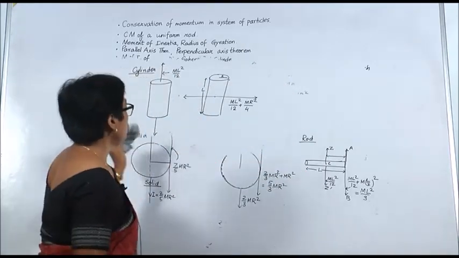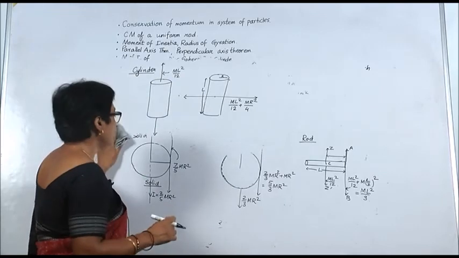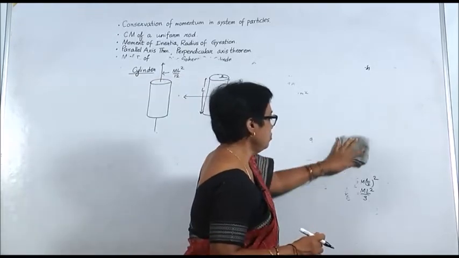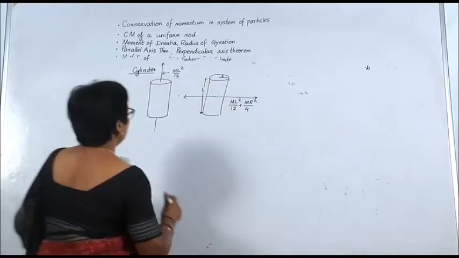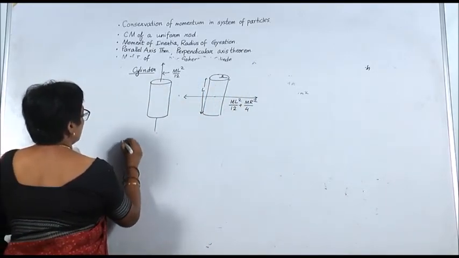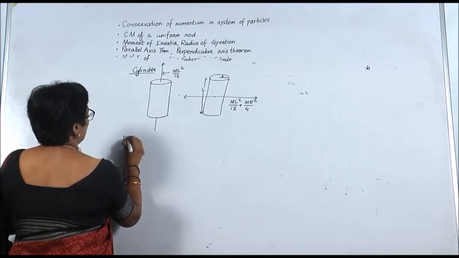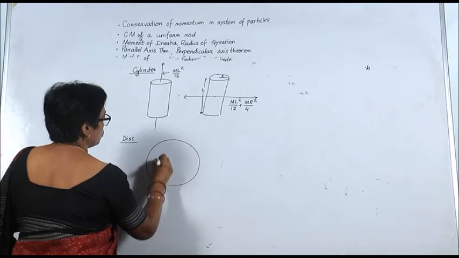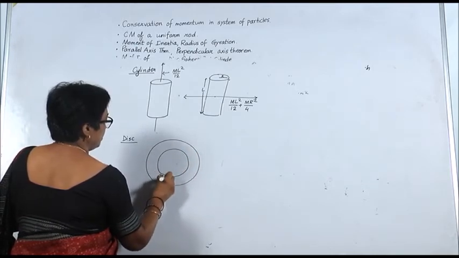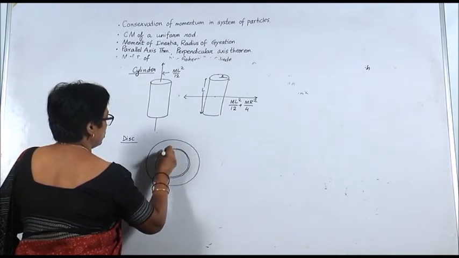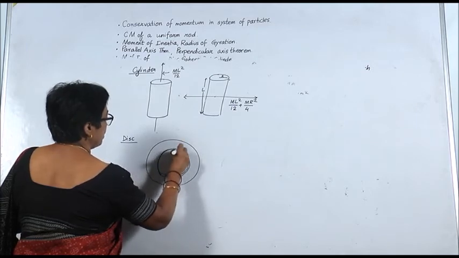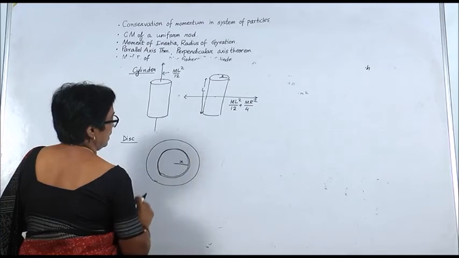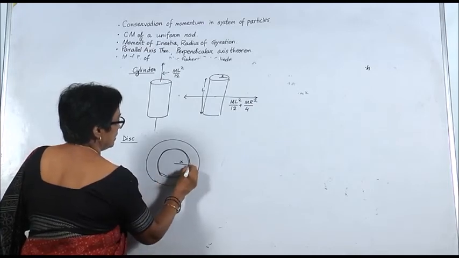So these are the formulas which you can find out if you take the integration of r square dm over the entire body. For example, in the case of a disc, you divide the disc into small rings. If I consider that this disc consists of several rings of varying radius, if this is the radius at a distance x, thickness is dx.